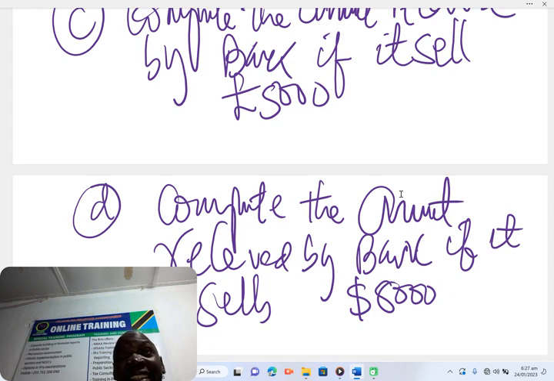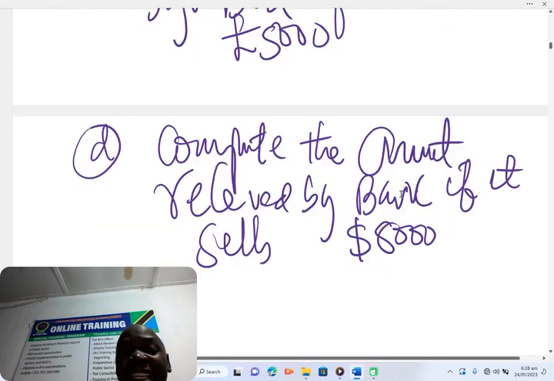That is part D. In part D, a bank is selling how many dollars? 8,000. In part C, a bank is selling what? Pound.